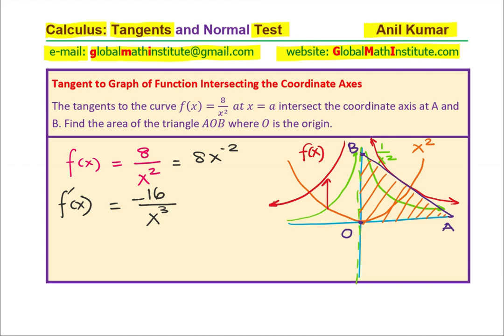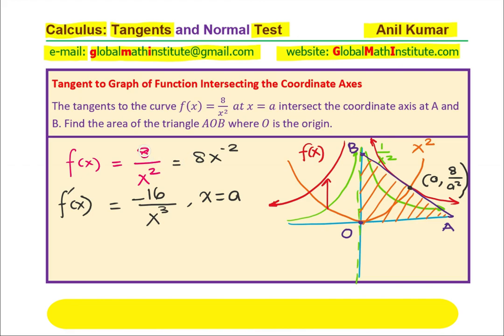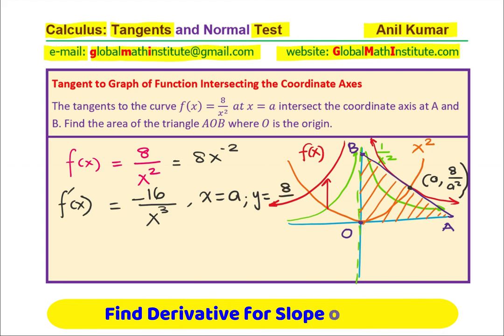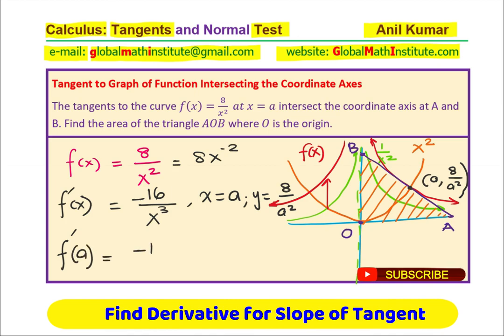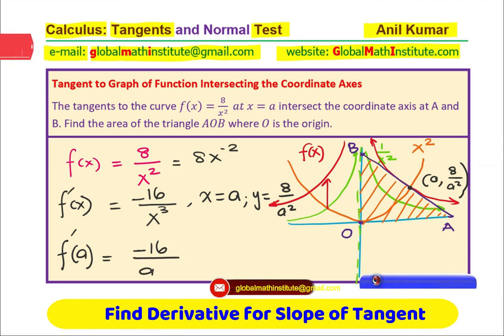At any point, let's consider this point to have x value A. In that case, the y value will be 8 over A squared, correct? So if x equals A, then y will be 8 over A squared. Is that part clear to you? So the derivative of this function at A will be minus 16 over A cubed.